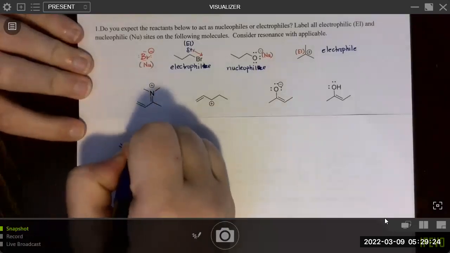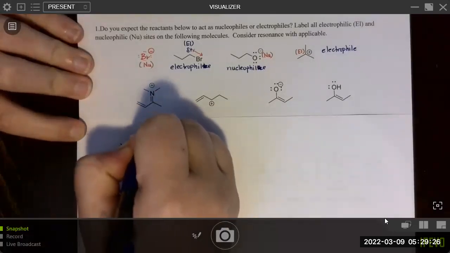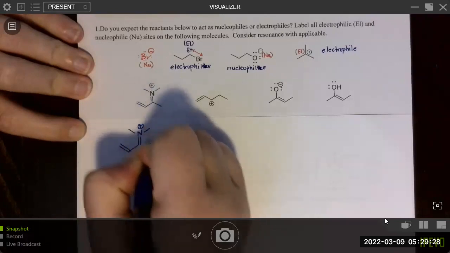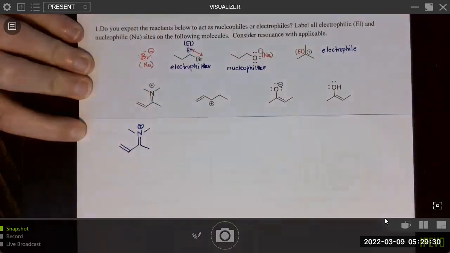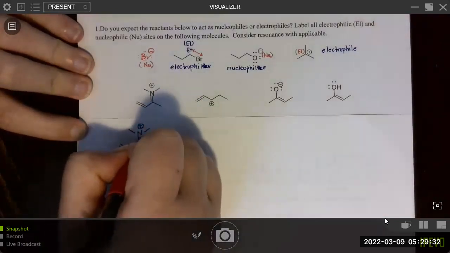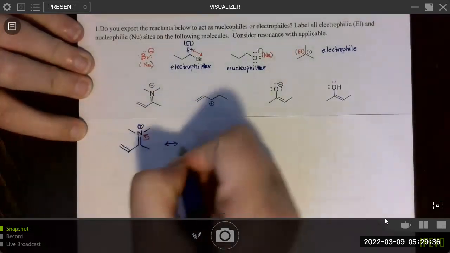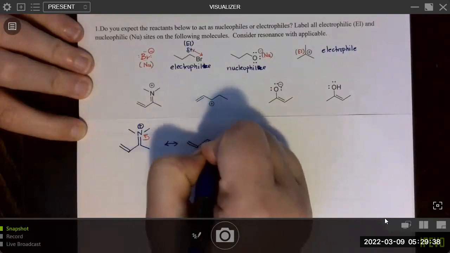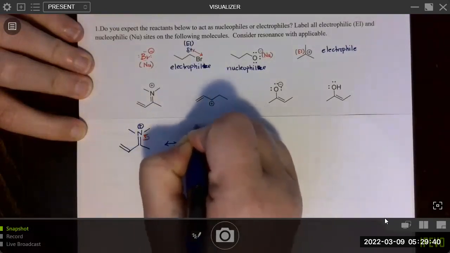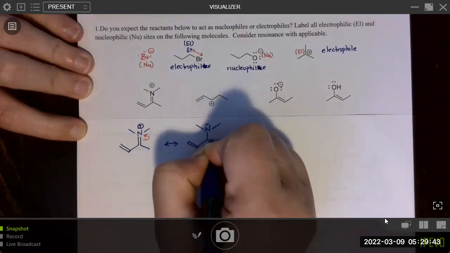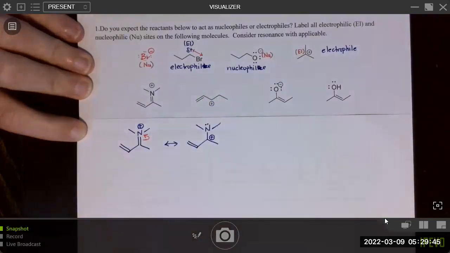We have this structure, and we can do a pi bond between atoms of differing electronegativity, which moves the positive charge down to this carbon.